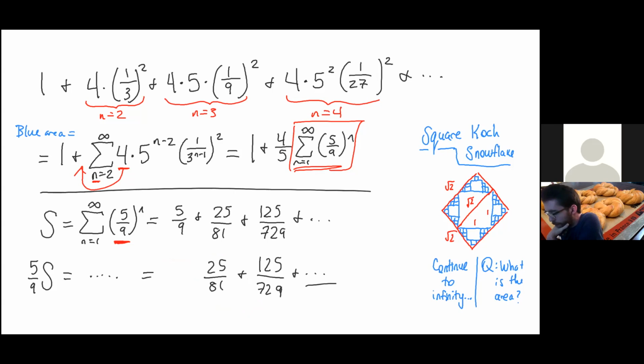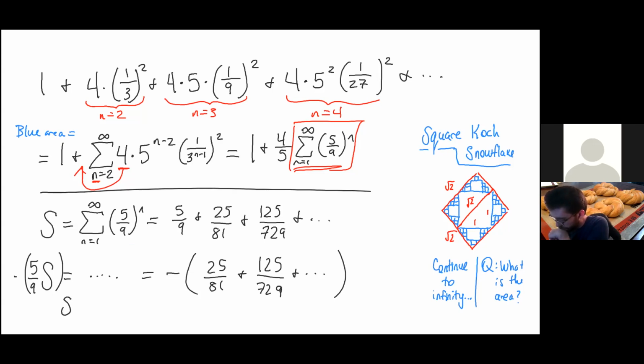And now you might think, I have a system of equations. I have S equals this, 5/9 S equals this. What can you do in systems of equations? You can subtract them, right? I could subtract this whole thing. It would be the same as doing S minus 5/9 S. So what does that get me?